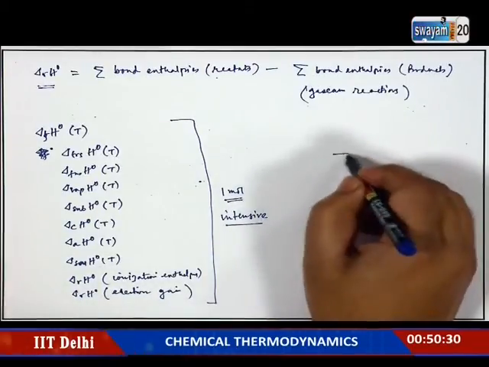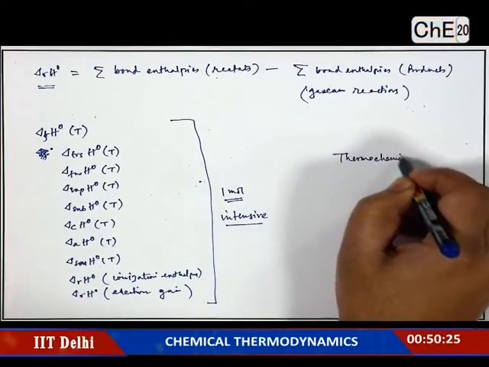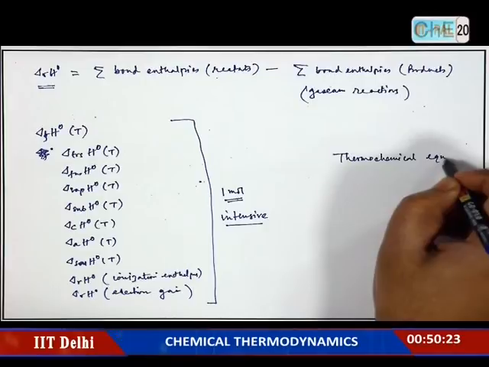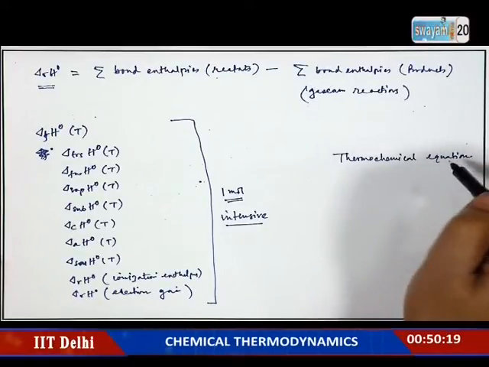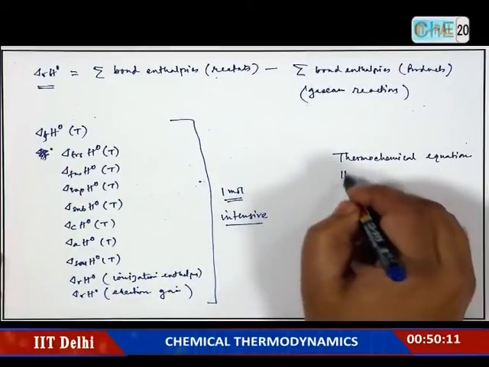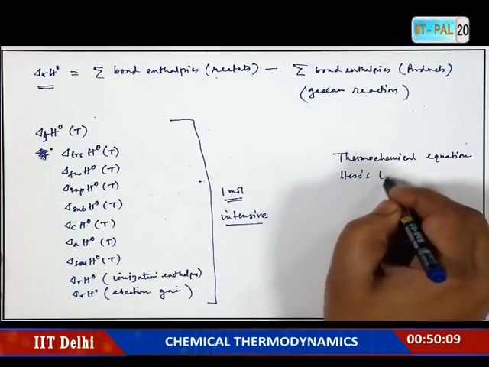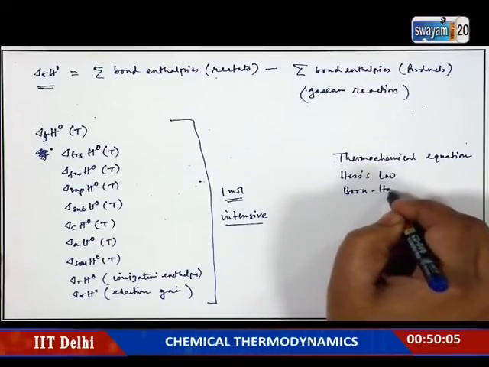Then we also talked about the thermochemical equation, which is nothing but the actual reaction plus the standard enthalpy of reaction value. Then we talked about Hess's law and the Born-Haber cycle.